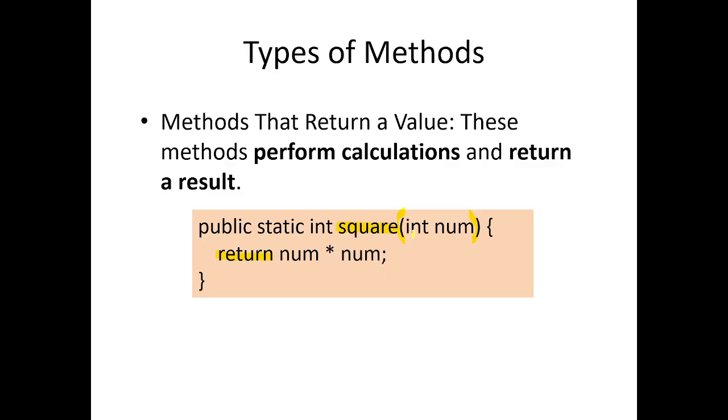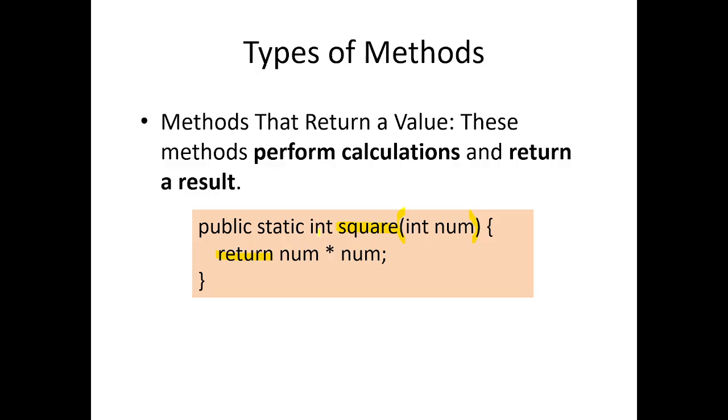So num is the variable. Inside of this it's not a declaration, it is just a parameter, or we call this an argument. The purpose of these arguments is that you will be using that kind of parameter for computations or other similar problems.